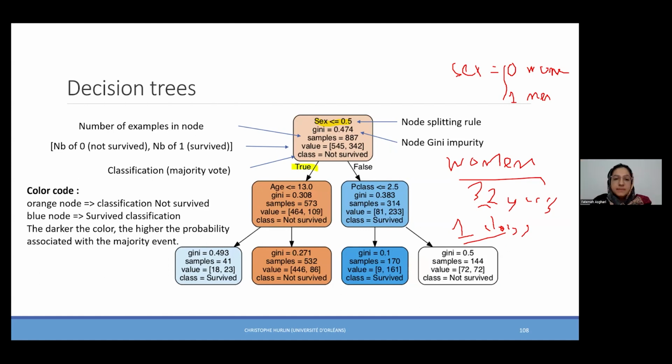We are on the left. She is 32 years, so we are on the right because this condition about age is false. So this woman is classified here, and for her, unfortunately, the prediction of the model is that she will not survive. It's clear? Great.